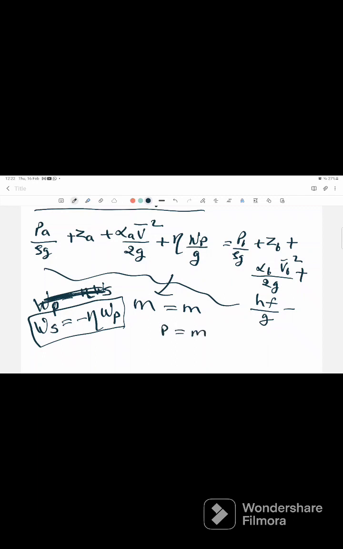Power is also defined as M, mass flow rate into WP, and this is rho, and see mass upon volume into Q WP.